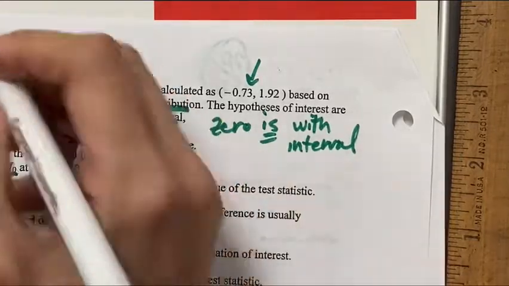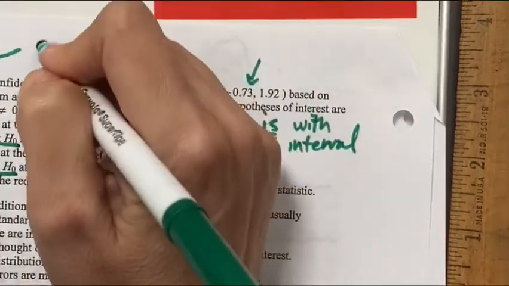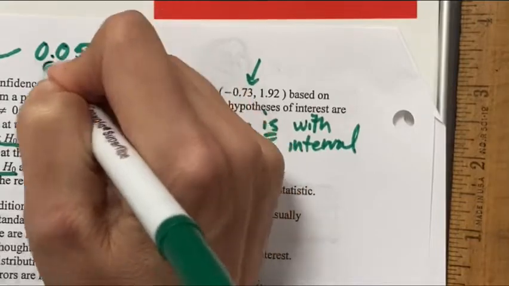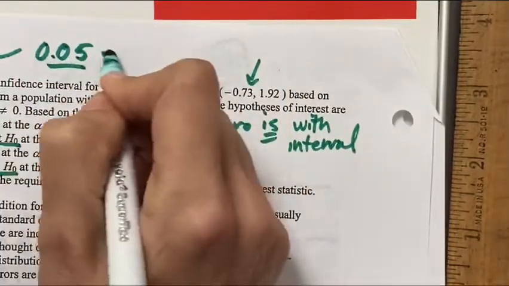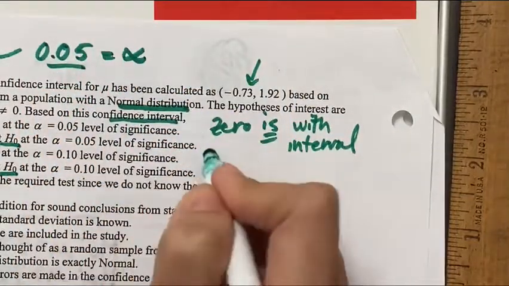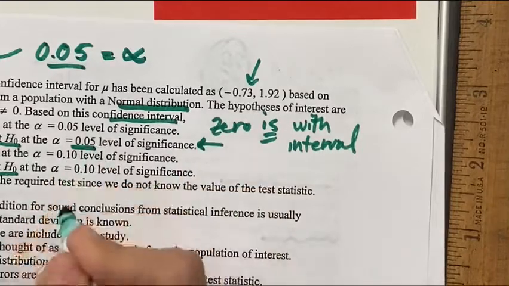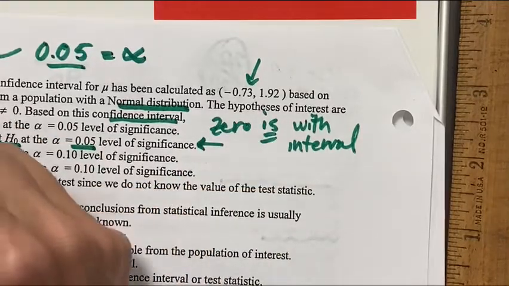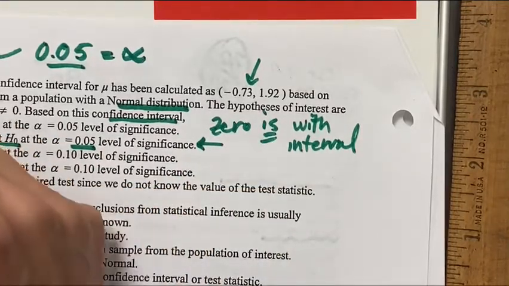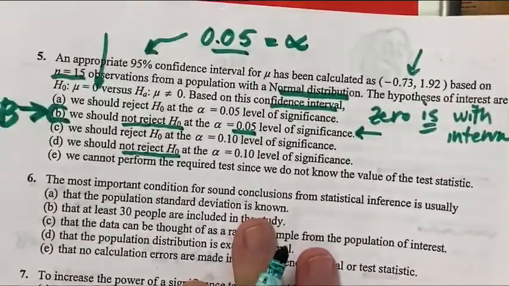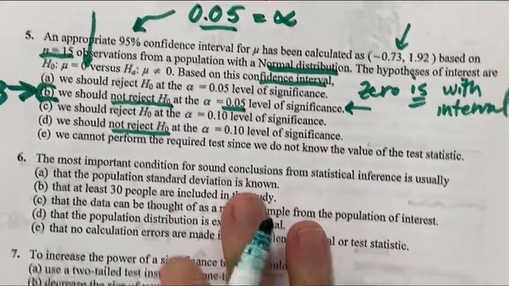So notice a 95% confidence level is similar statistically to leaving alpha at 0.05. So if alpha is 0.05, it's similar to the 95% confidence interval. Final answer is B.